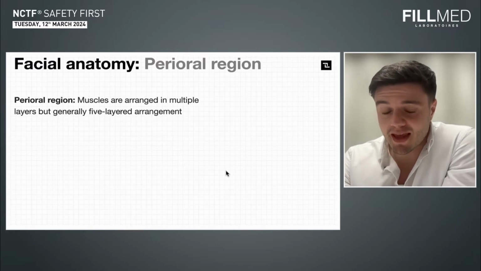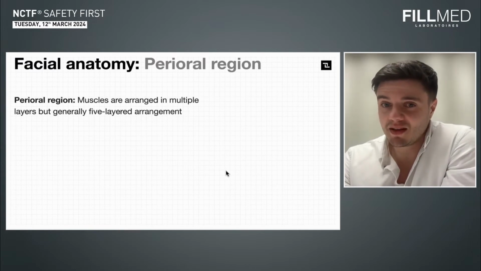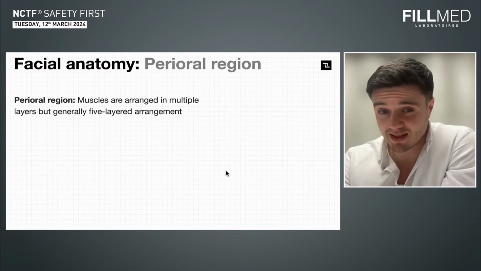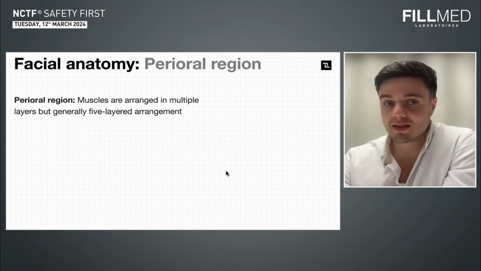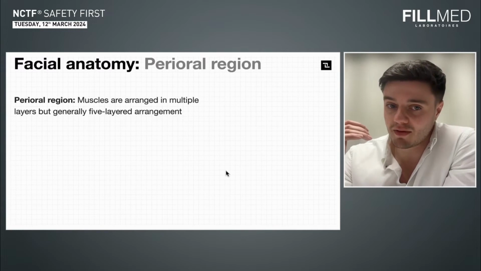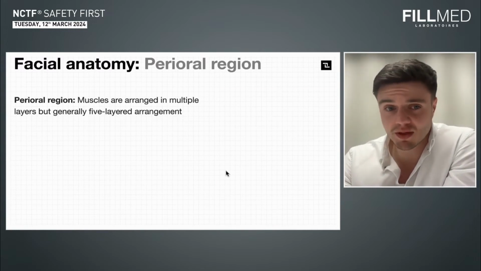Again, we can make the anatomy in the perioral region simpler. Typically, to be very precise and to be very anatomically correct, you have to say that the muscles are arranged in multiple layers. But for the scope of this webinar, it's simpler to say that we have a general 5-layered arrangement.